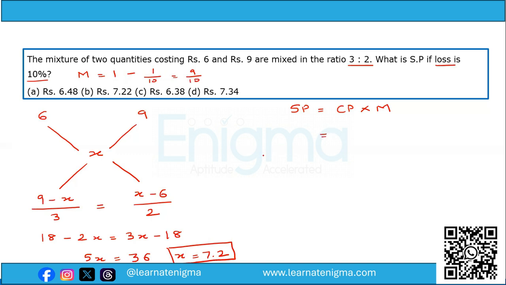So cost price is 7.2, multiplier will be 9 by 10. So selling price will be 6.48. Hence our answer will be option A.